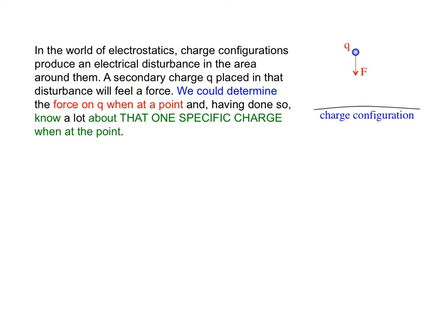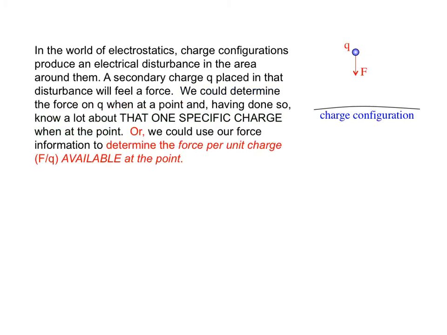As before, we could determine how big that force was, and if we did, we would know something about a specific charge, specifically this charge. But a more fundamental bit of information would be to determine how much force per unit charge was available at that point.